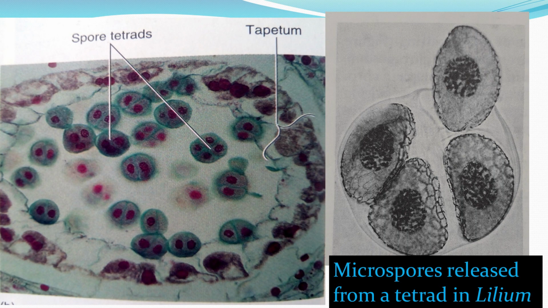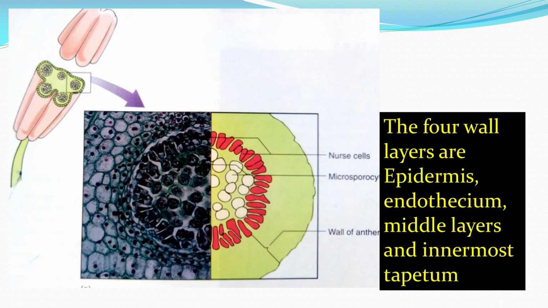Once the microspore is formed, it grows in size, then mitotic division takes place, resulting in a 3-celled structure, out of which 2 are the sperm cells or male gametes. So, this part, starting from microspore to pollen grain formation, is microgametogenesis.